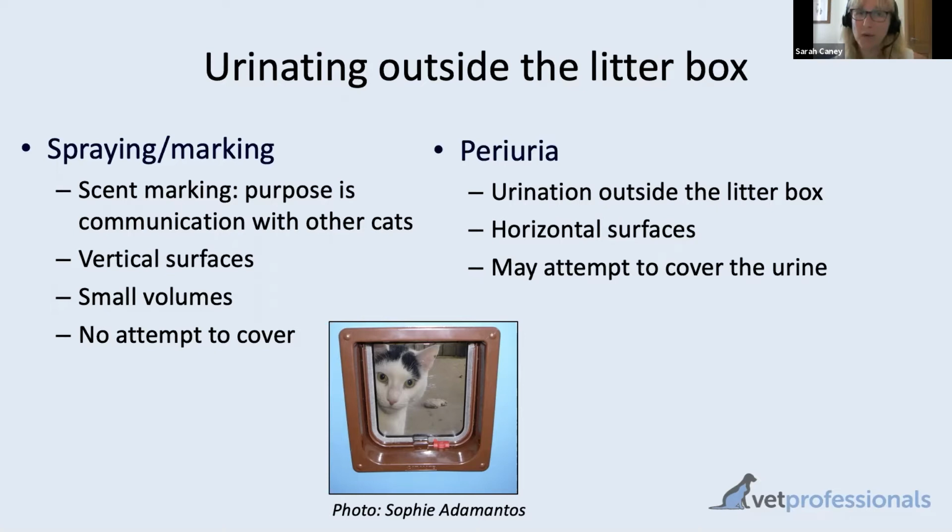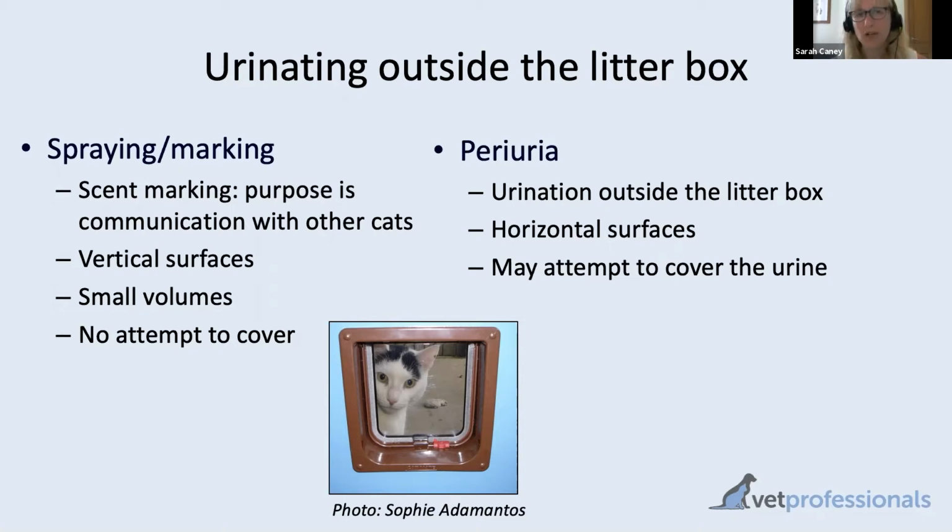But another term that I want to introduce at this point, which it's important to differentiate from that scent marking process, is the vet term periuria. And periuria would, in the past, have been defined as inappropriate urination. So that inappropriate word, come back there again. But we're trying to avoid that now because it's really not inappropriate from the cat's perspective, just from our perspective.